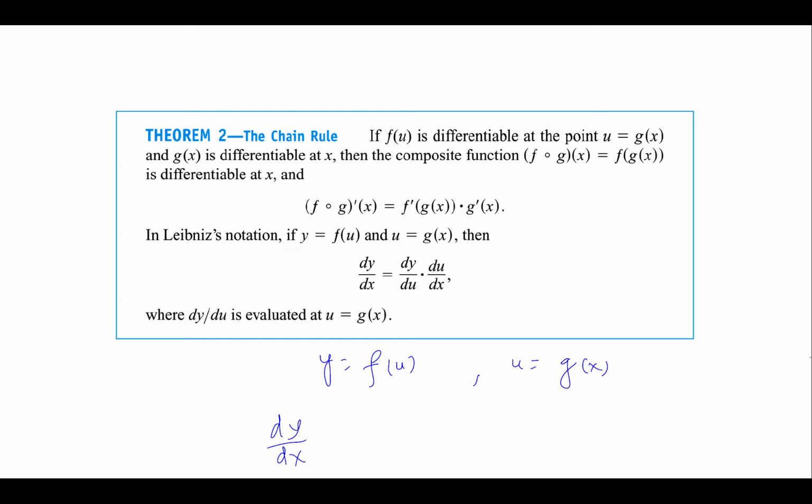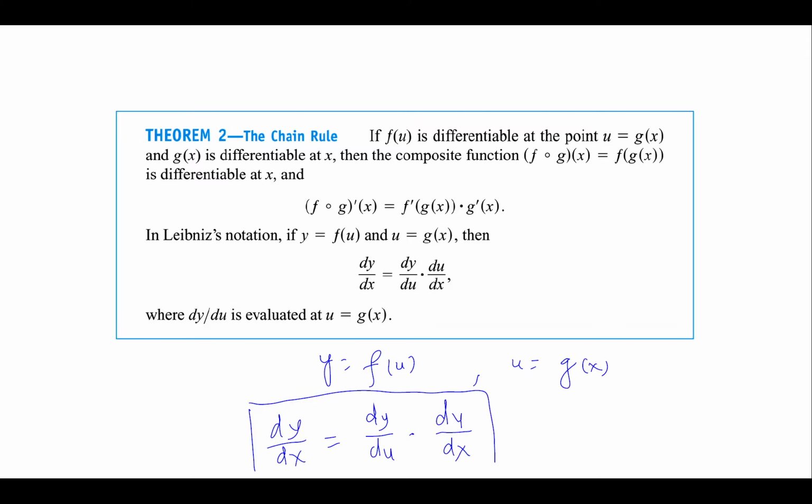At the beginning, y is a function of u, but u is a function of x, and we want to find the rate of change with respect to x. We can do that by finding the derivative of y with respect to u first, times the derivative of u with respect to x. So this is the chain of the derivative. That's why it's called the chain rule.